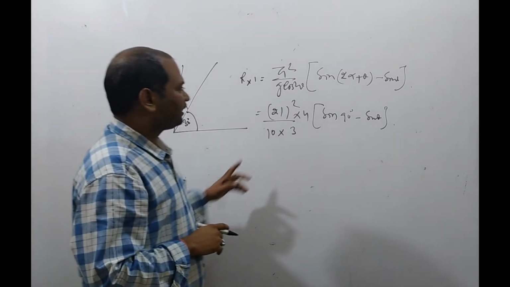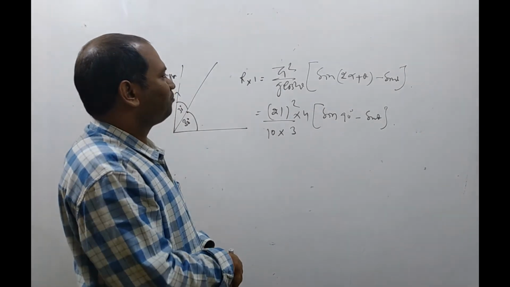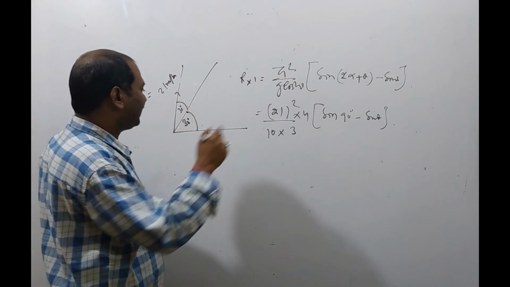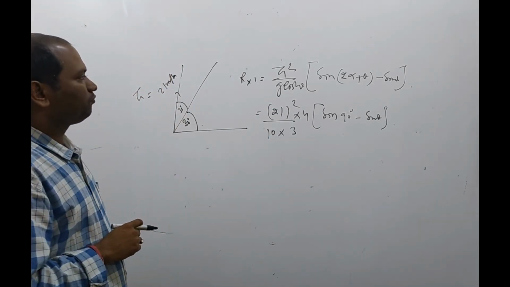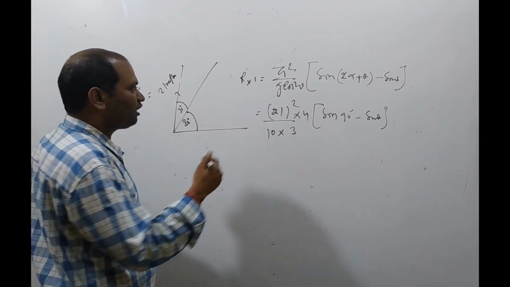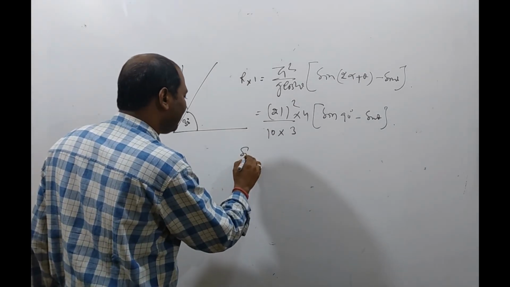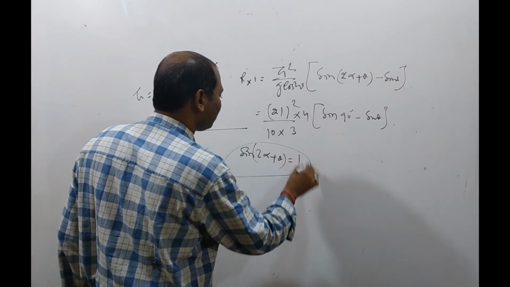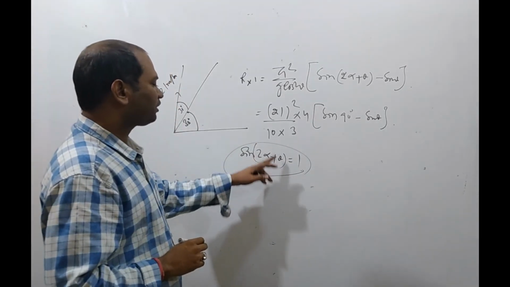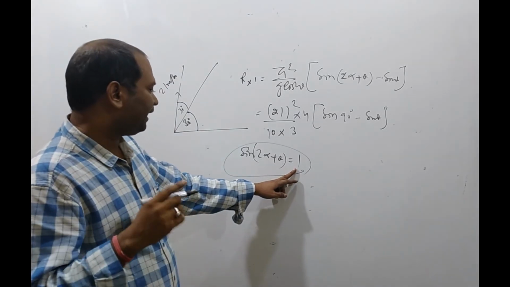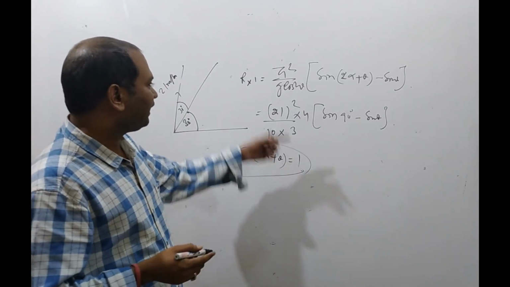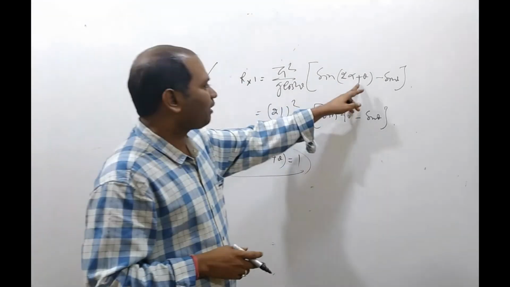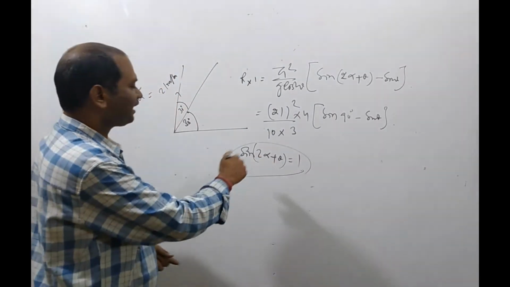So will this displacement be maximum or minimum? For the maximum condition we have already discussed that sin 2 alpha plus theta should be equal to 1. If sin 2 alpha plus theta is equal to 1, then this expression Rx dash will be maximum. Here 2 alpha plus theta is equal to 90, that means sin 90 is equal to 1.